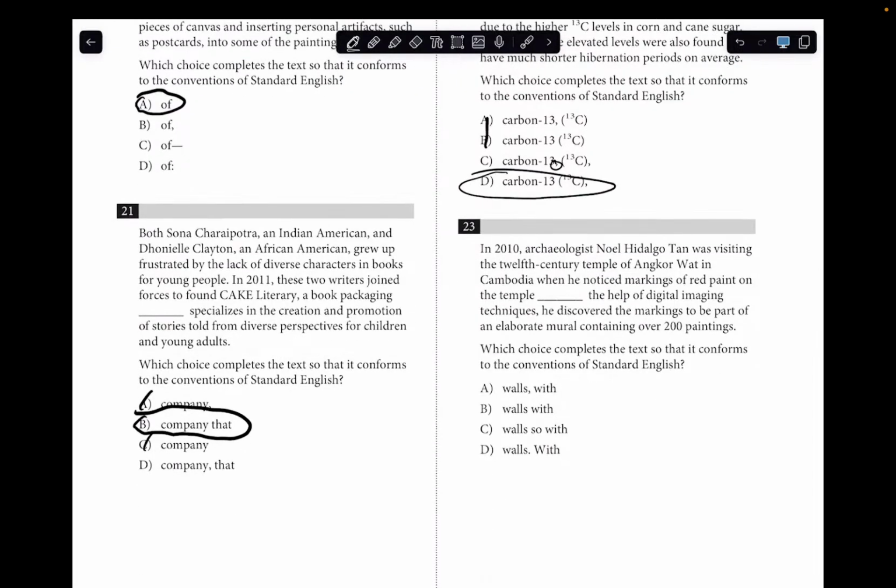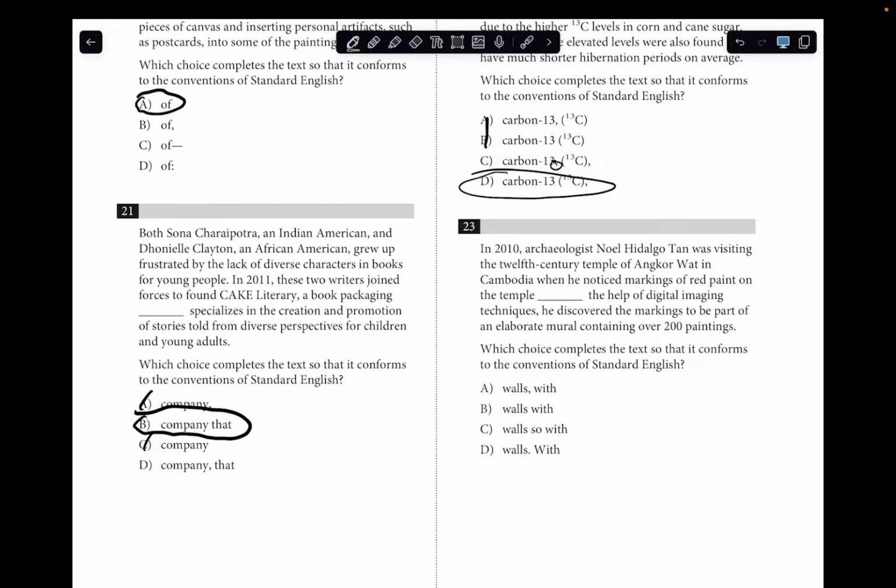23. In 2010, an archaeologist was visiting the 12th century temple of Angkor Wat in Cambodia, when he noticed markings of red paint on the temple blank with the help of digital imaging techniques, he discovered the markings to be part of an elaborate mural containing over 200 paintings.